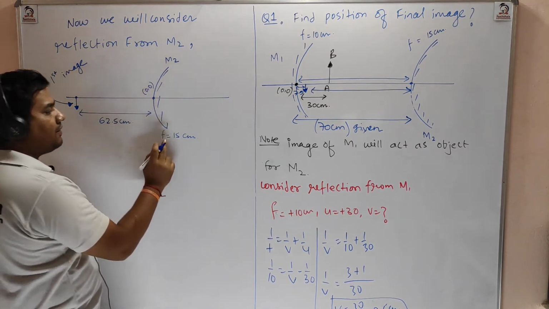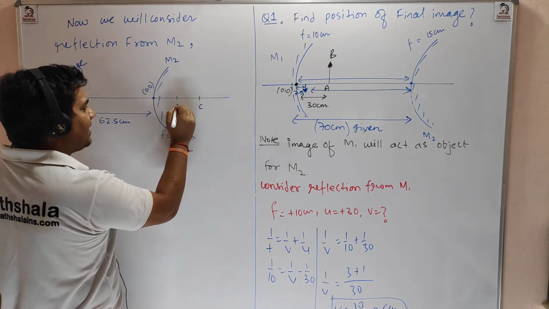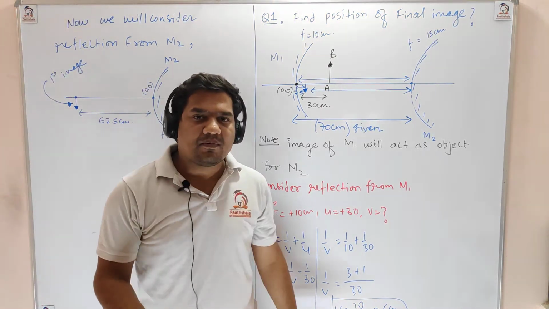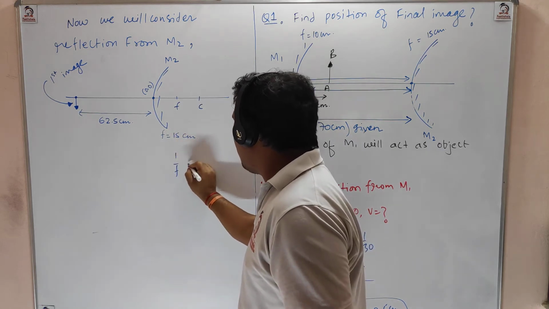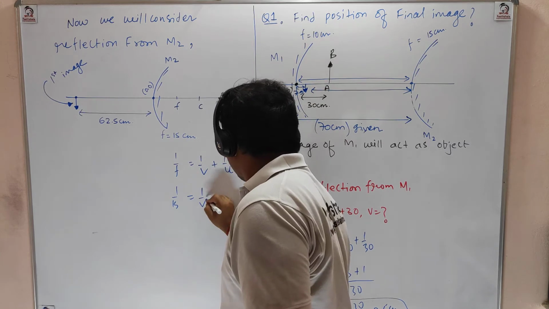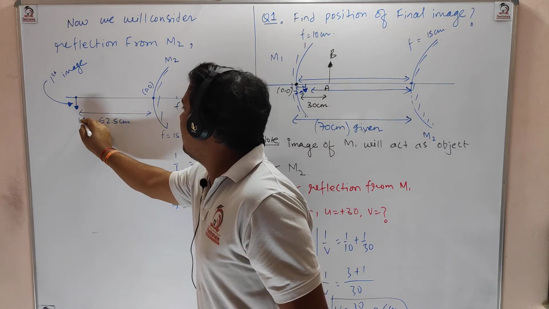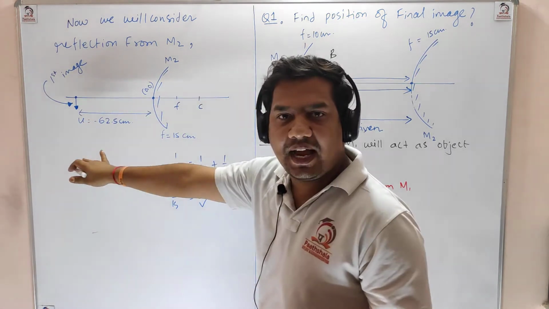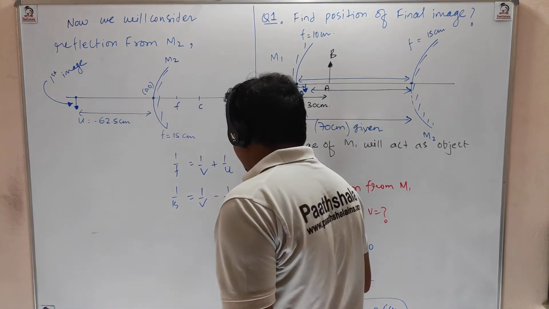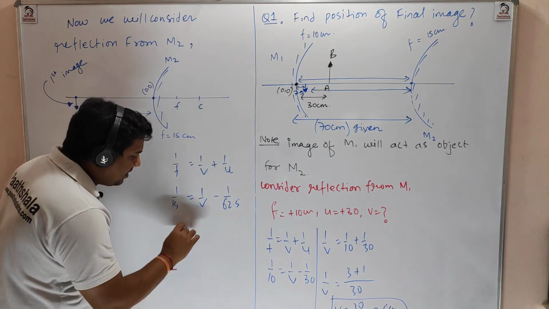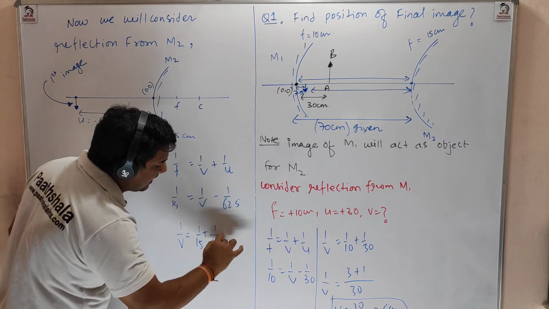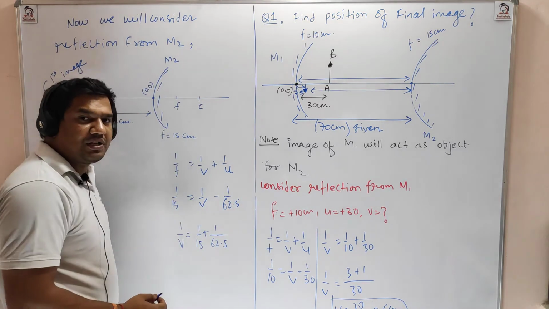This is the pole, and the focus will lie on the right hand side. Because the focus is on the right hand side, the focal length must be positive. Let's apply the mirror formula once again. Object distance is minus 62.5 because it is on the left hand side. Let's solve this to get the image distance: 1 by 15 plus 1 by 62.5. This is the position of the final image.